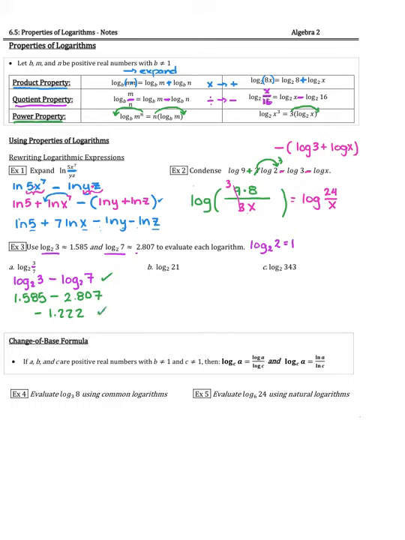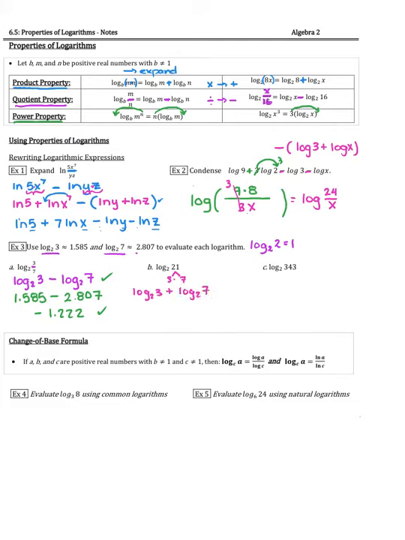Log base 2 of 21, now here you have to use a little more creativity to figure out how do I take log base 2 of 3, log base 2 of 7, and get log base 2 of 21. Well, that works because 21 is 3 times 7. So since that's multiplication, I can expand it using addition.